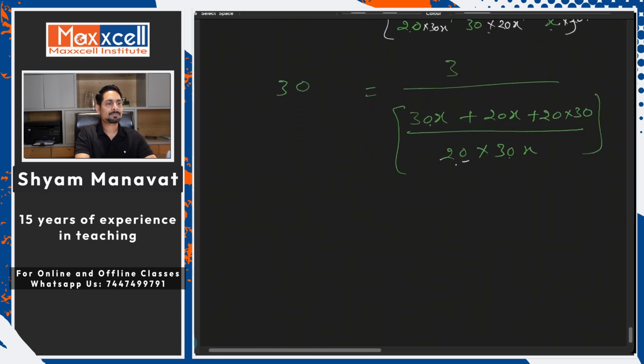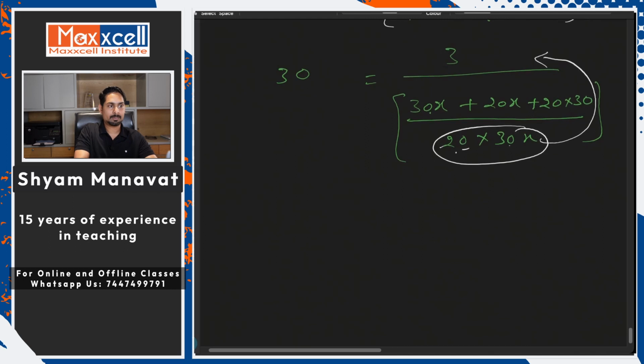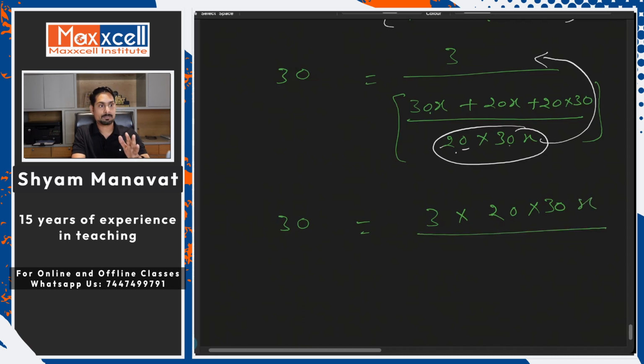Okay. Now, you know, denominator will go into numerator, right? Remember, denominator will go into numerator. That means this will become 3 into 20 into 30 into x. I'm sure you might have a shorter way to calculate. Do it.